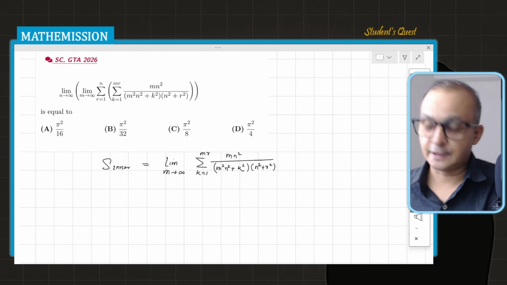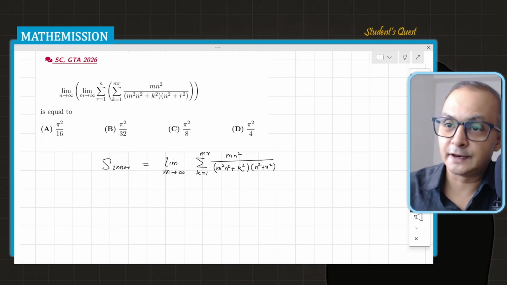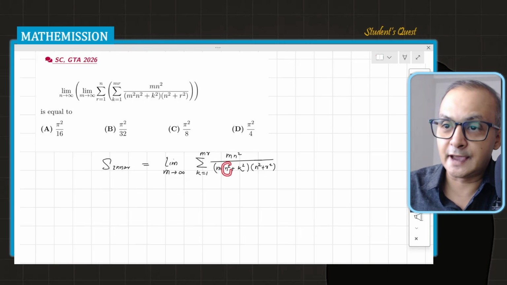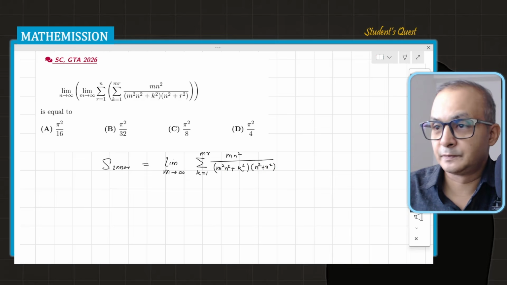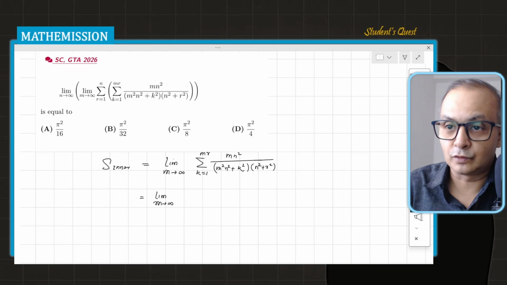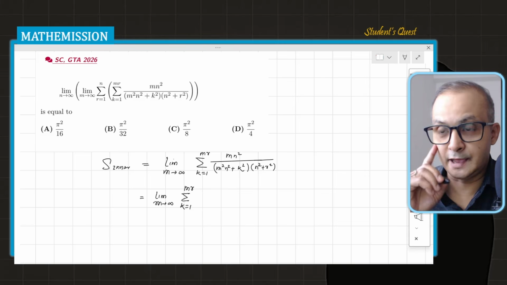Now we think carefully and we understand that when k is running from 1 through mr and m is approaching towards infinity, the other things, that is n and r, I can assume as constant. So I'm dividing this thing by m square and I'm keeping this limit aside because I have to work on that ahead.